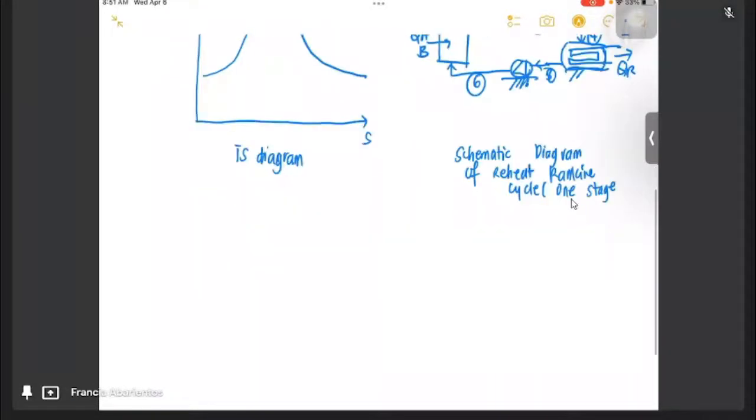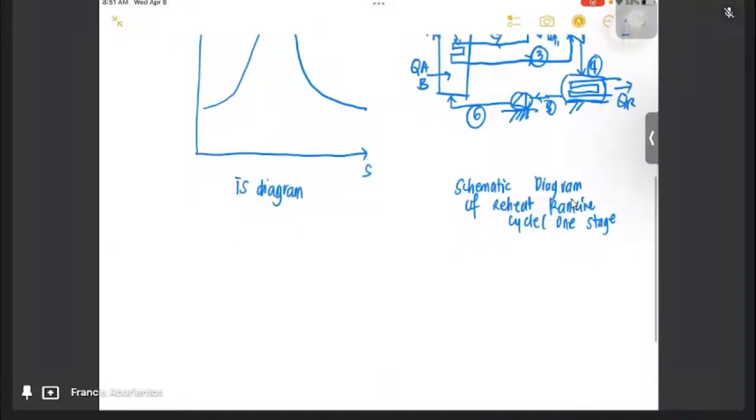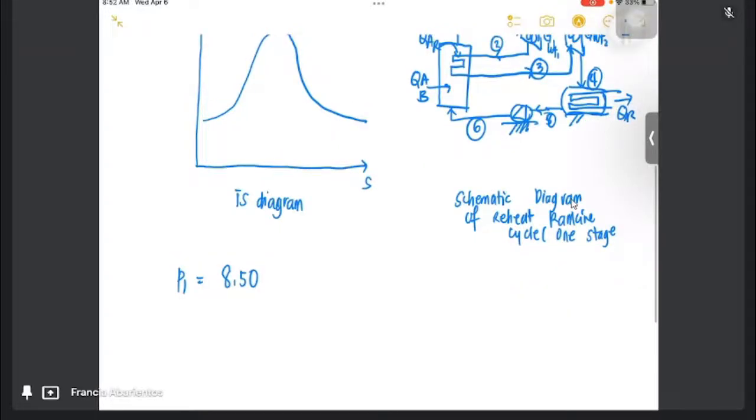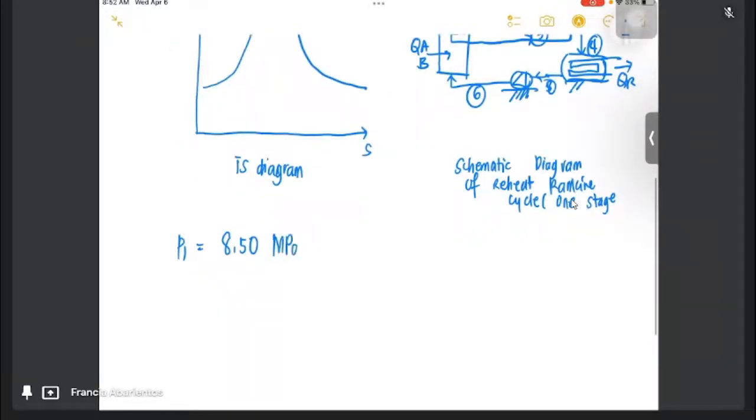Okay? So, given na natin yung parameters or the equation, the condition at point 1, we have 8.5 MPa, and the temperature at point 1, 400. So, ano siya class? In your steam table, pressure 1, table ano kayo pupunta?